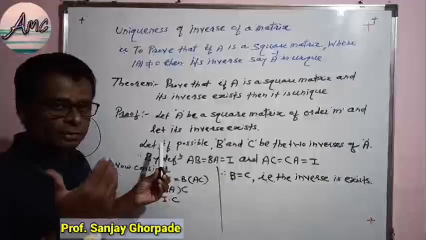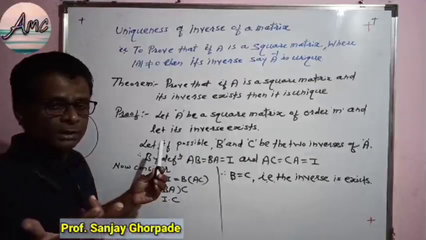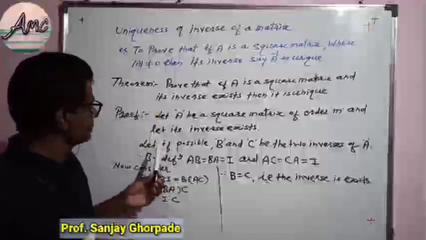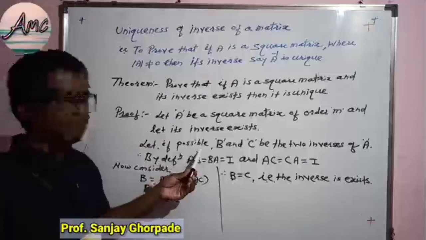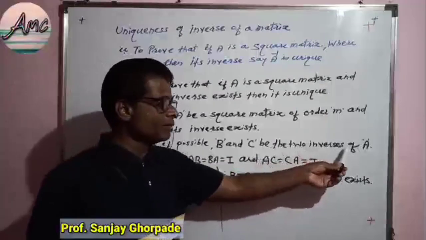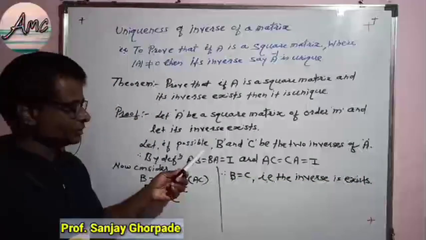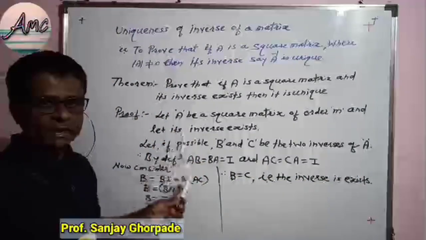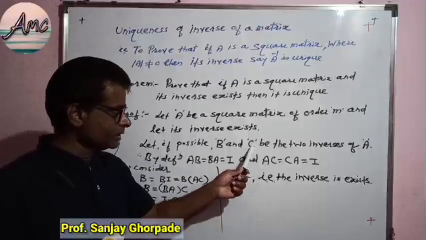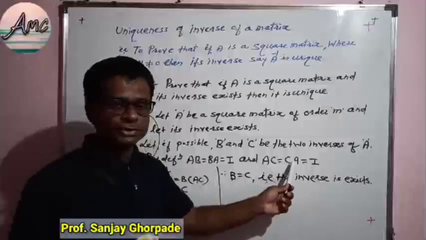Now, let us assume that there are more than one inverse of a matrix A. Say, let, if possible, B and C be the two inverses of A. Then by definition of inverse, since B is the inverse of A, A into B equal to B into A equal to I. Similarly, C is the inverse of A, then A into C is equal to C into A equal to I.